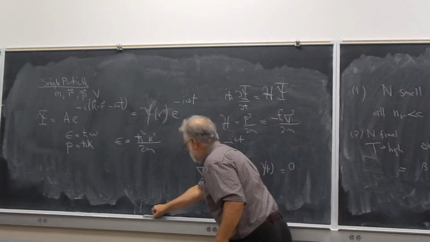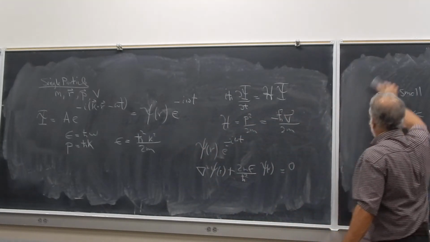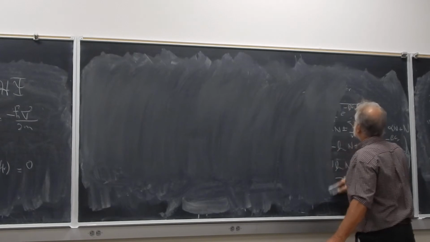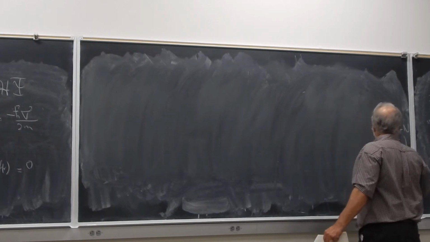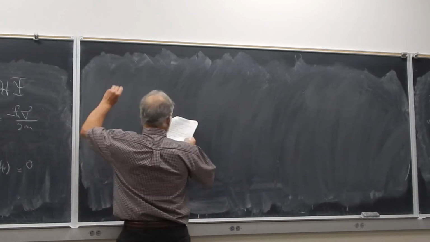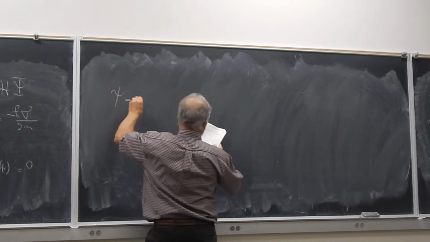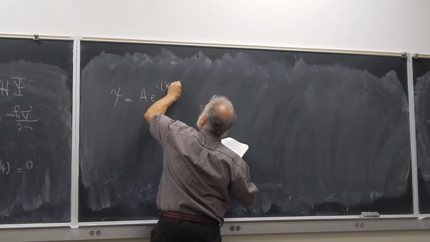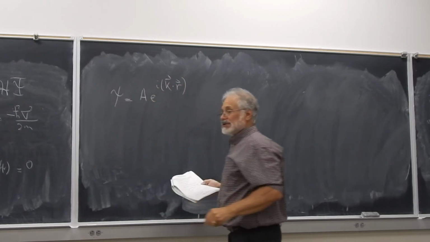Now, of course, in this case, we know this is a particle in a box. You've solved this in modern physics, and of course, you'll do it again in spades in quantum mechanics. But I can write this solution as ψ is equal to A times e to the i κ·r. These are plane wave solutions to the particle in the box.